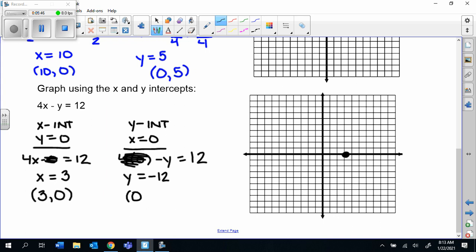So I have a 0, comma, negative 12 for a y-intercept. My graph, unfortunately, is a 10 by 10 graph, so we're going to draw that and make our own little negative 11, negative 12, put my dot. And there would be the line.